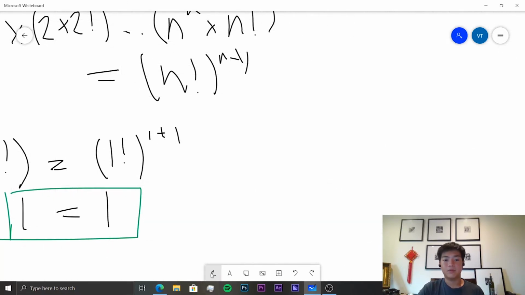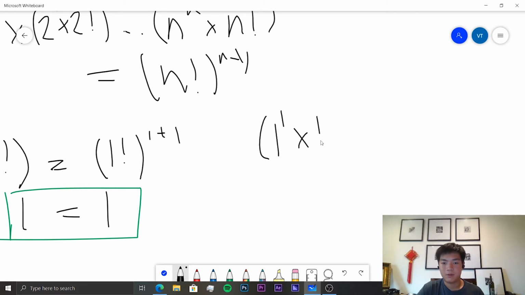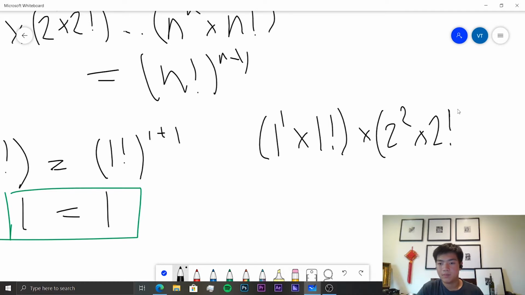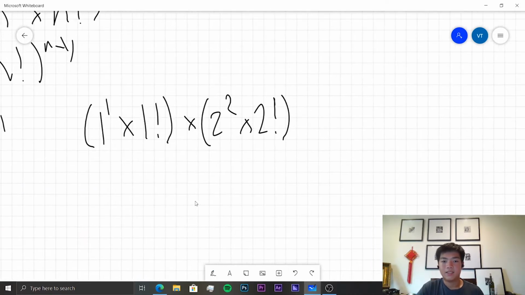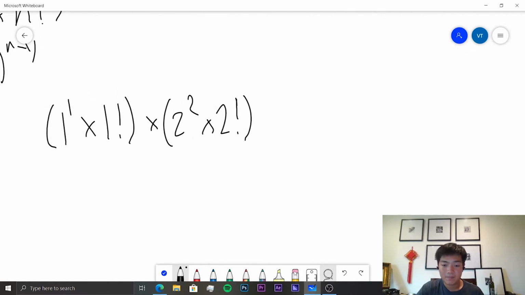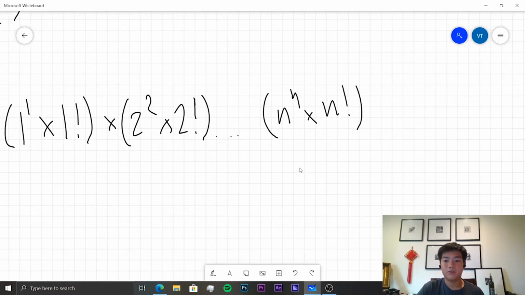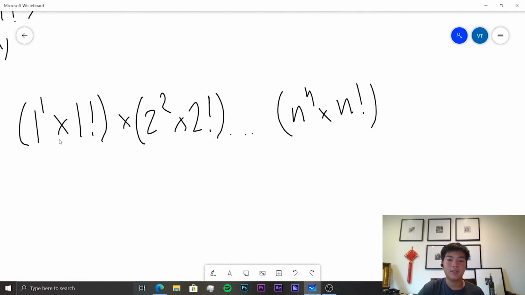We need to prove that, so we have 1 to the 1 times 1 factorial times 2 squared times 2 factorial, and so on until n to the n times n factorial, we need to prove that it is true for the n plus 1 case, assuming that this is true.